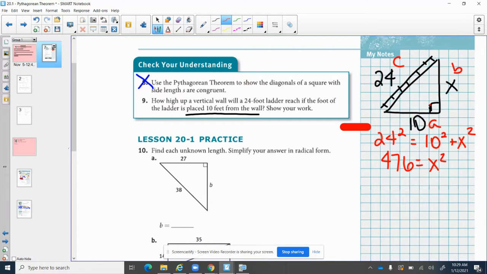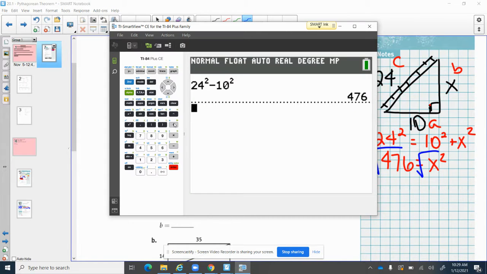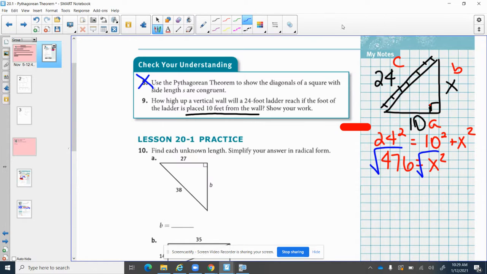And then again, like the last problem we talked about, we need to square root in order to get our final answer here. Now, two ways to look at this. If they want you to find the exact answer, we need to go back to our list of perfect squares and say, okay, the biggest perfect square that is going to go into this is 4. 4 times 119 is going to go into this.